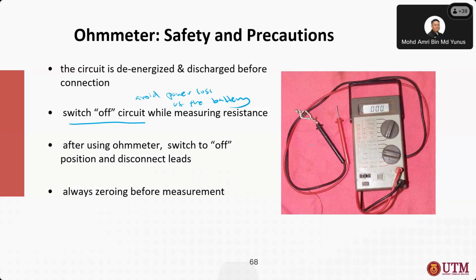Okay, and also always zero the measurement by short circuit, or touching the positive and negative probe. So that means Rx is equivalent to 0 ohm, and then we adjust the zeroing resistor so that the reading is at 0 ohm.